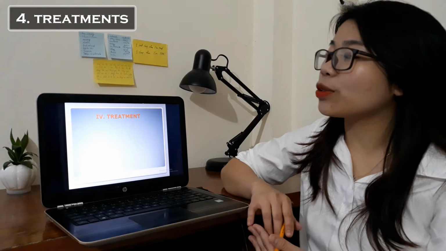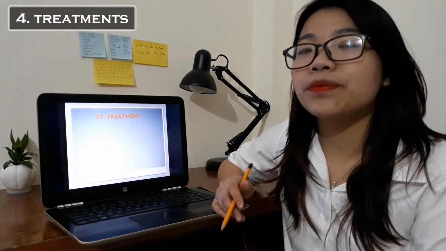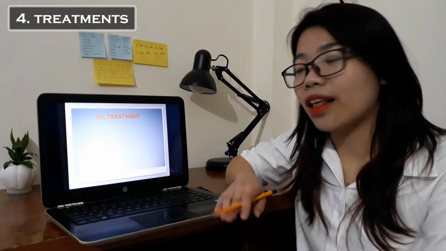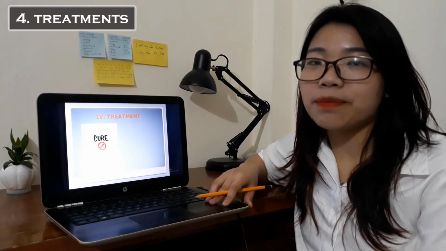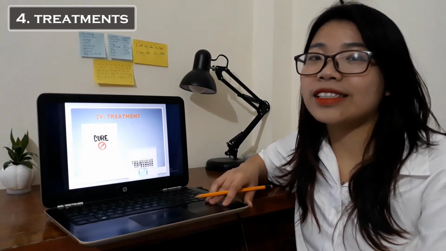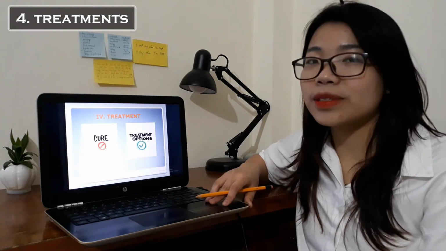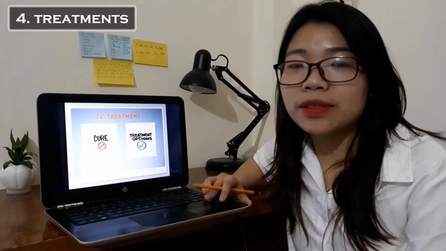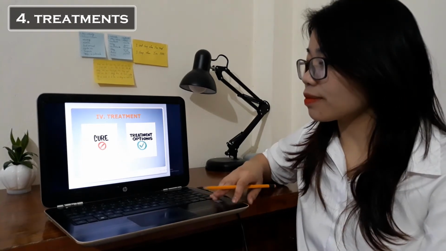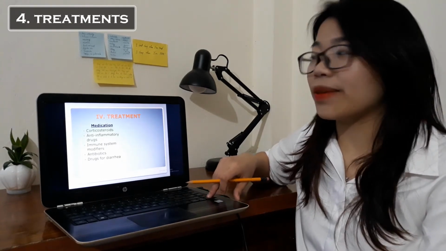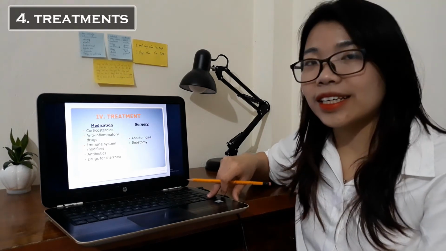It leads me to the next part, treatment. I have to say that there is no cure for Crohn's disease, but don't worry, there are still some treatment options to ease your symptoms and have you enjoy your life better. They are medication and surgery.